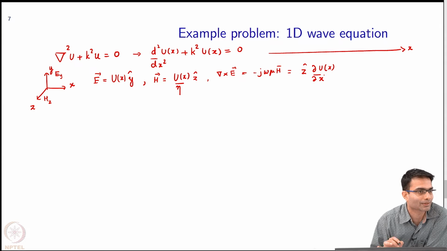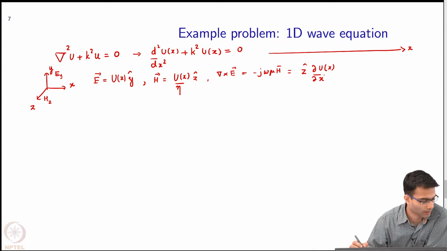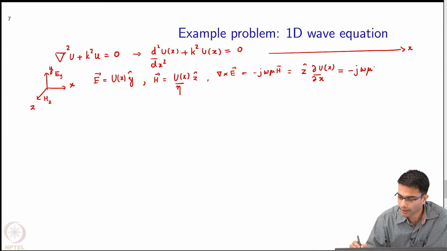This is equal to minus j omega mu, and H is u_x by eta along z hat.